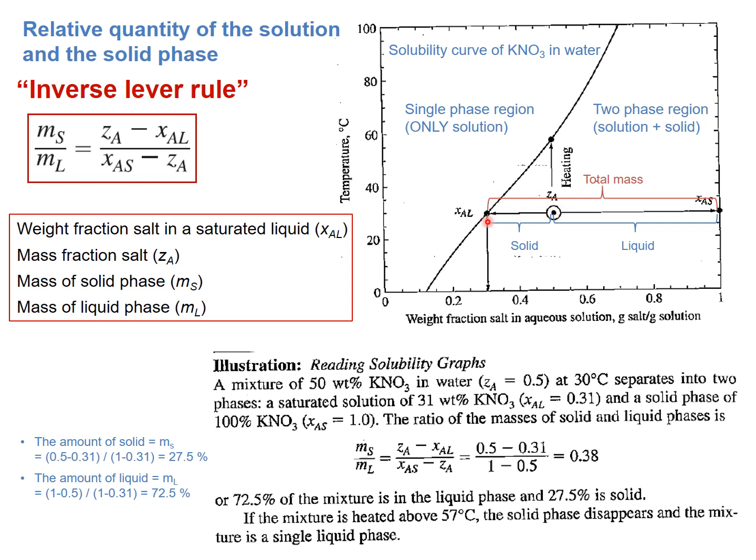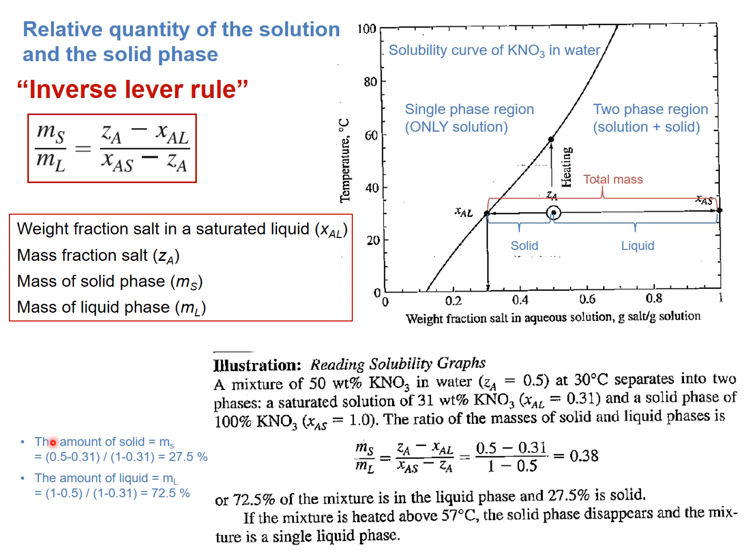This line between XAL and ZA is far from the solid composition curve, right? So it is for the solid, because the amount of each phase follows the inverse lever rule. And this line is for the liquid.